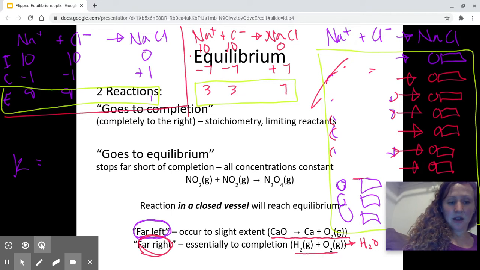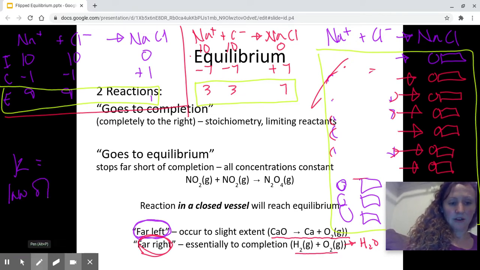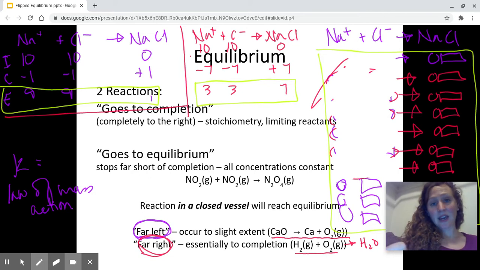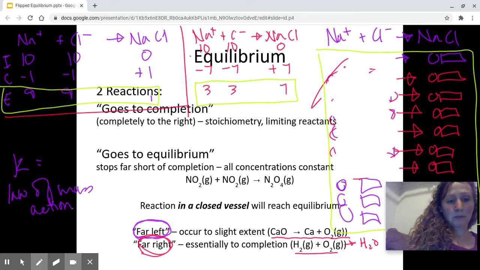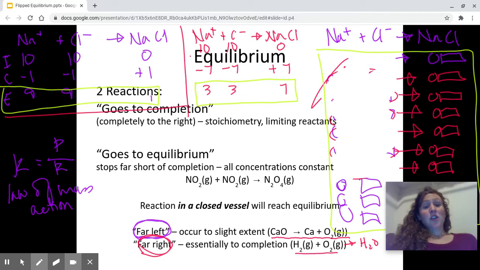K is the law of mass action. And roughly, K is a ratio between products and reactants. So when we say far right or far left, these come with numbers.